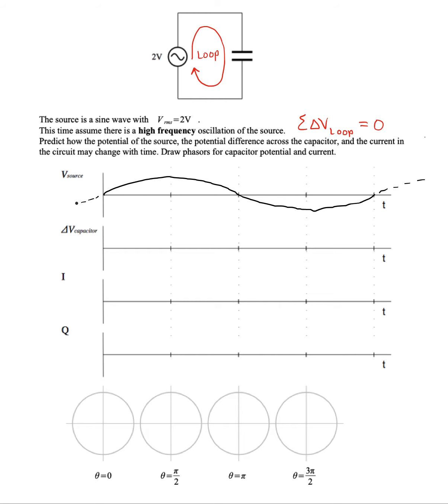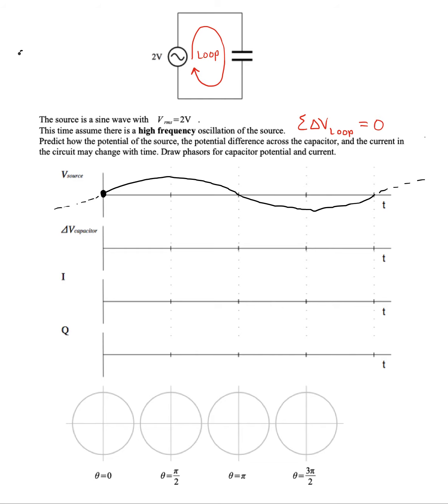Let's say that it had been going for a long time, and we're just going to see what the voltage is like at time 0 on this clock. So at time 0, we don't have any potential difference across the source.